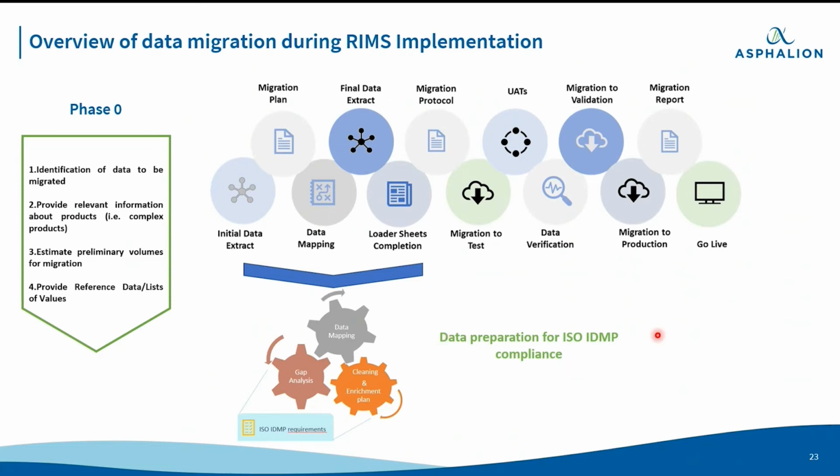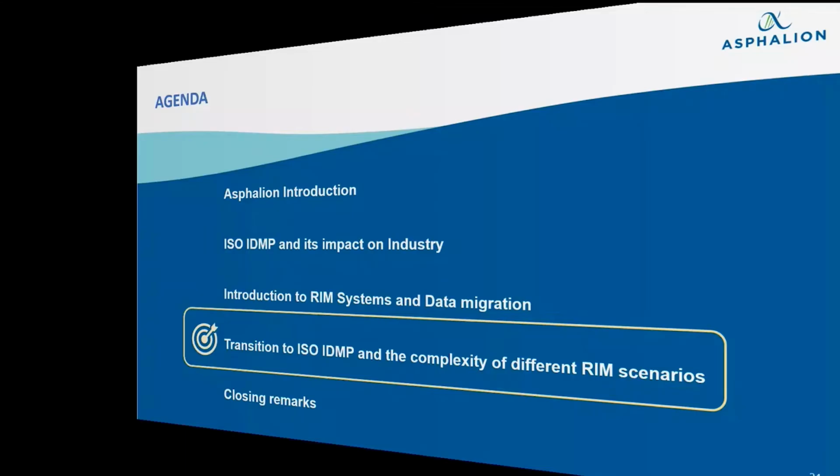Of course, data preparation for ISO IDMP compliance is done at the beginning. And now most RIM systems have the data fields identified and mapped within their data model. So this will give you already a step ahead in being compliant with ISO IDMP. And you will see later, we will discuss that you can do this in different ways.